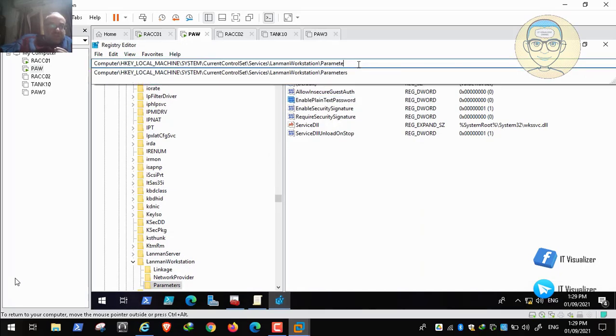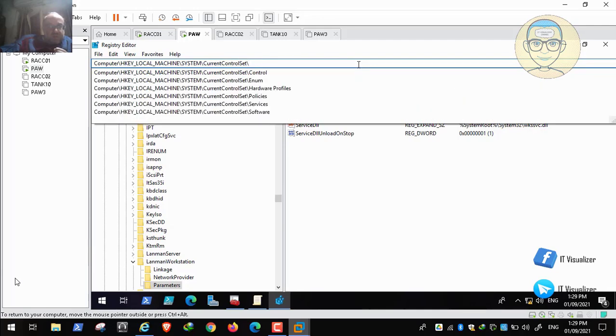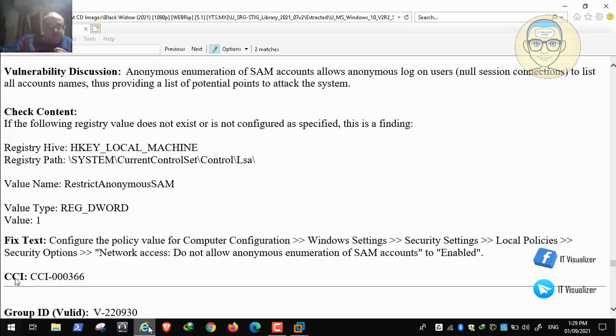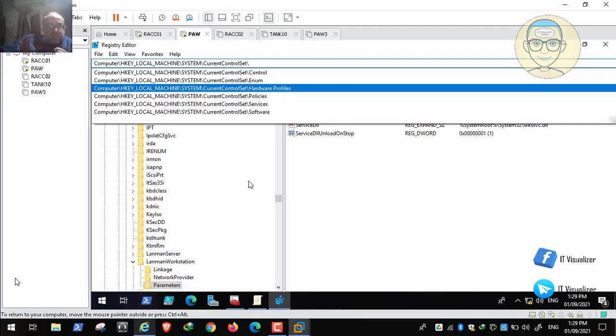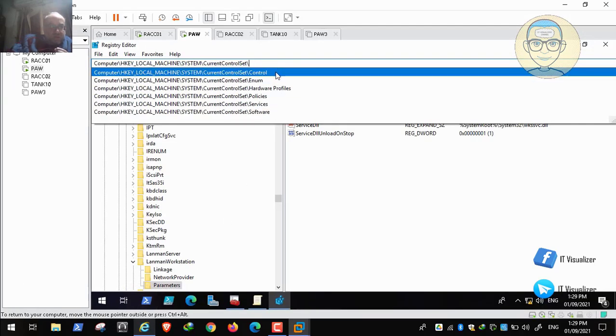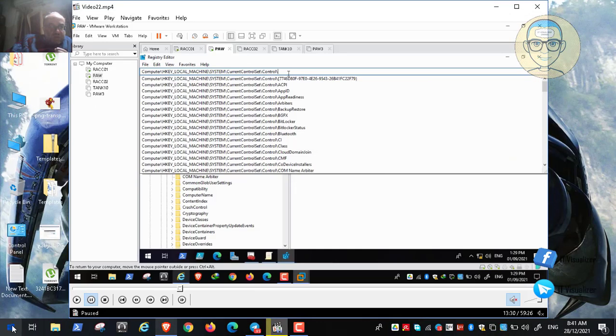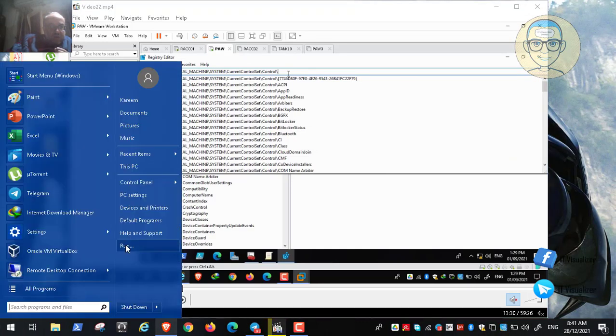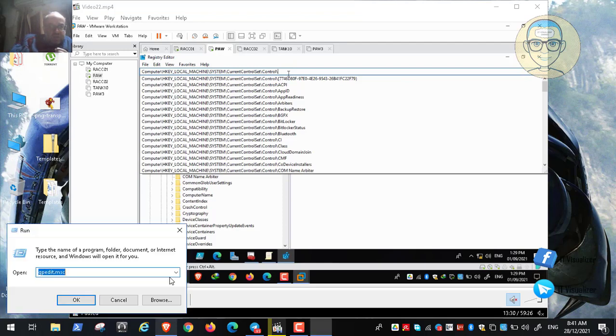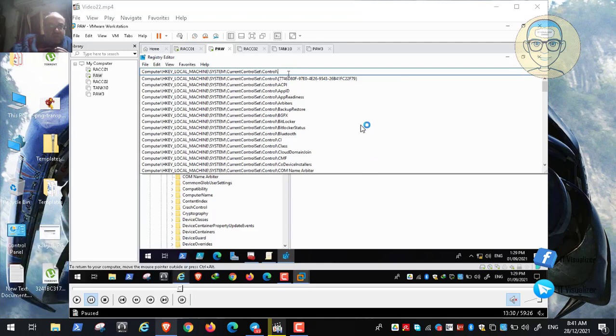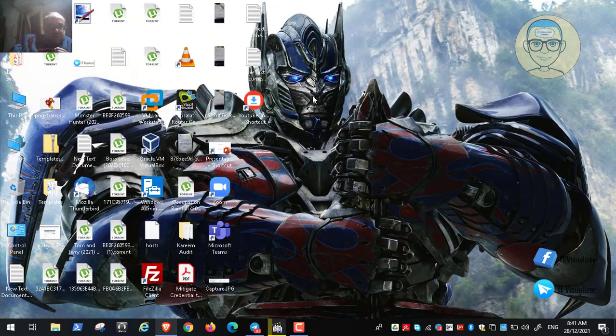We see if it is in the database, so it is in the registry. So here, let me show you guys something. Let's go to the local group policy. We can go here, Run, and type gpedit. Let's see this group policy and what it talks about.